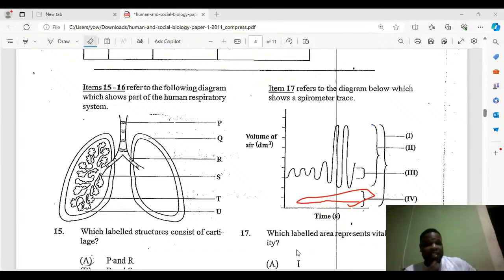All right, TJ. So that's the residual volume there. Everybody get that? Anybody still confused?